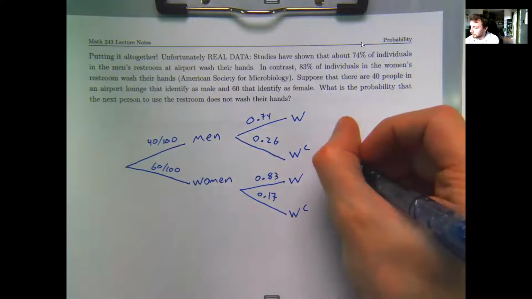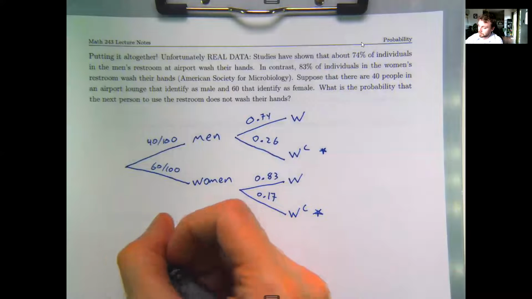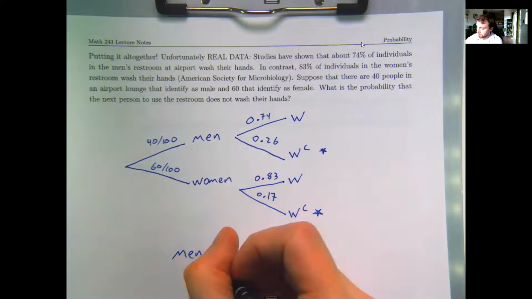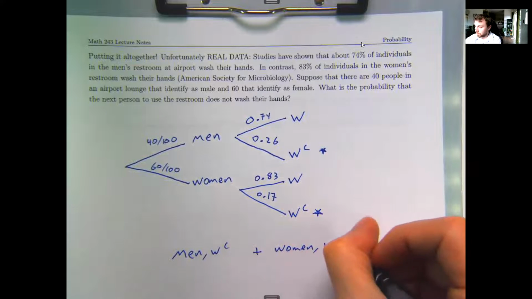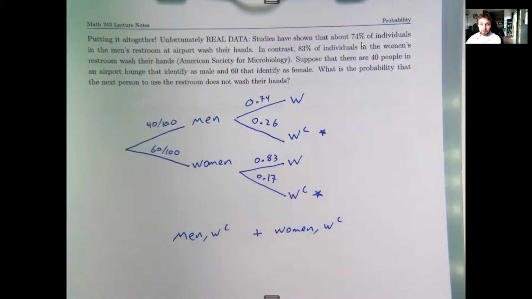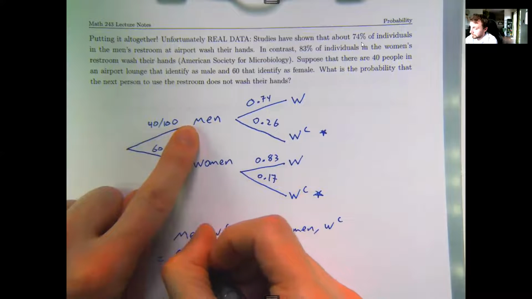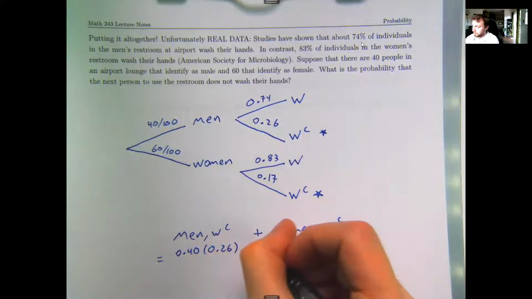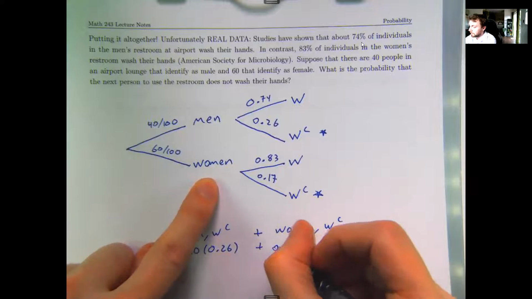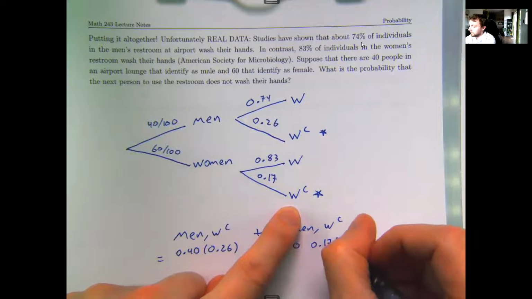I want to know the probability of not washing hands. So I'm looking at those spots in the tree. So I'm going to be looking at the sequences for men that don't wash, women that don't wash, and I'm going to add these together. Men is 40%, not washing is 26%. Women is 60%, not washing for this group is 17%.